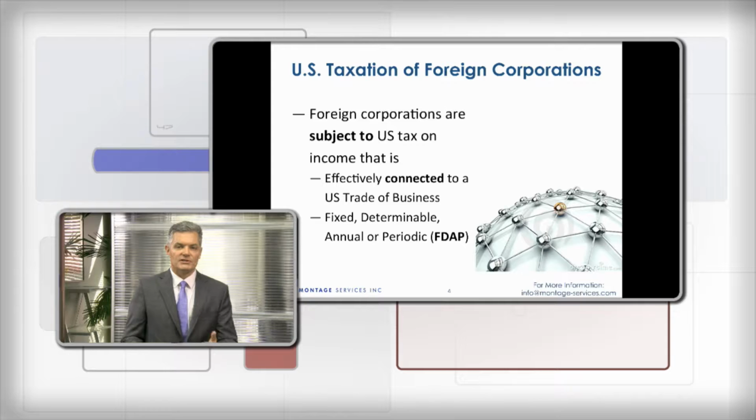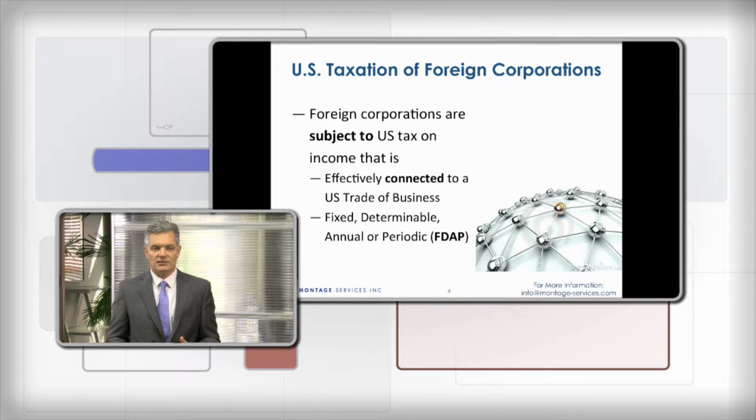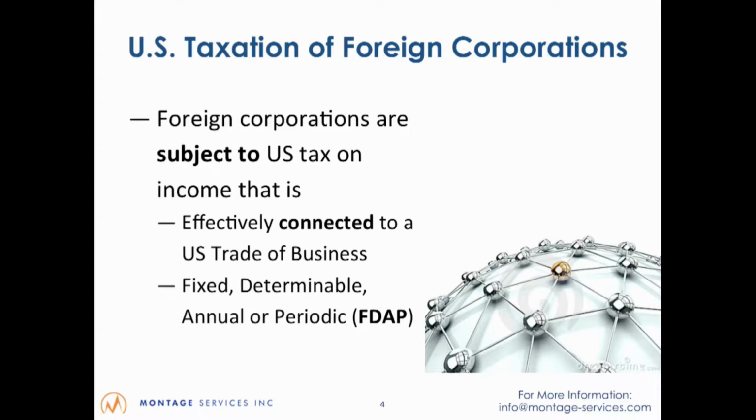So most businesses investing in the United States do so by sending a few people over to a particular state or city, and those people then try to transact business on behalf of the parent organization. Those people are in general creating a permanent establishment which then has income that is effectively connected to a trade or business in the United States. That income would then be subject to the U.S. tax system.